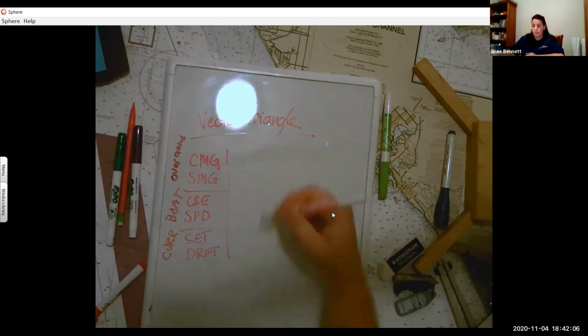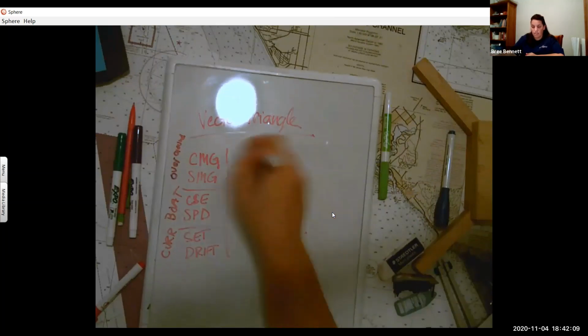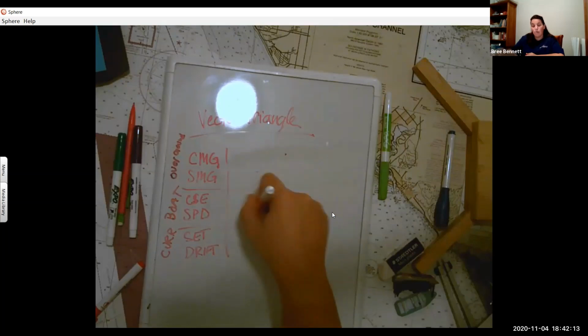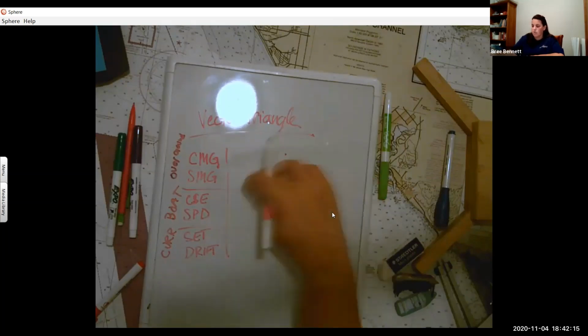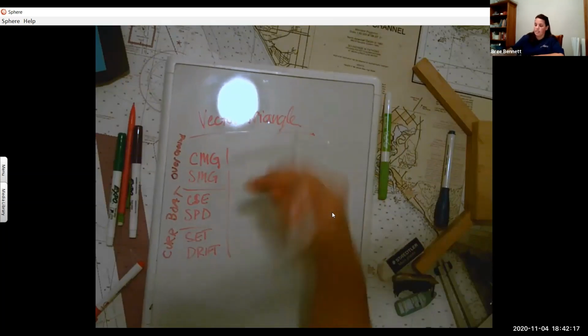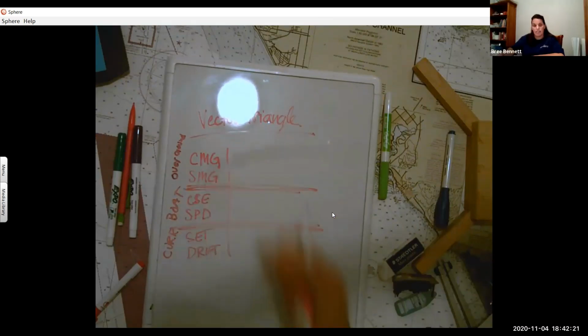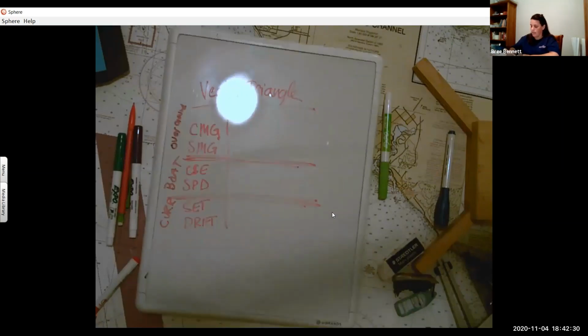We can't use our boat course for our course made good, or our made good speed for our boat speed, or vice versa. So we want to make sure we keep these lines separate. That's why I like to make the table, just to help me organize all of these directions and all of these speeds.